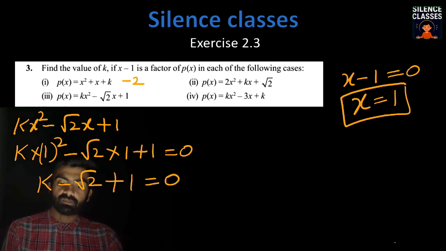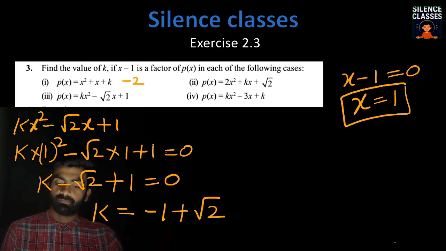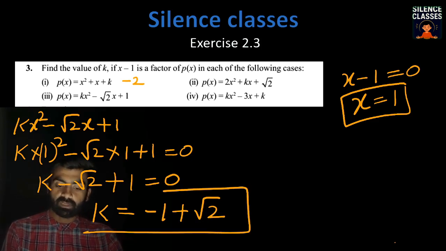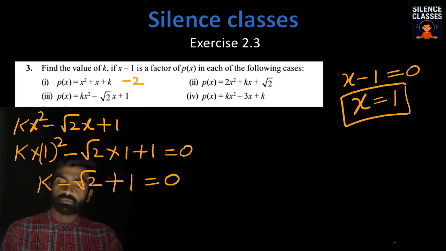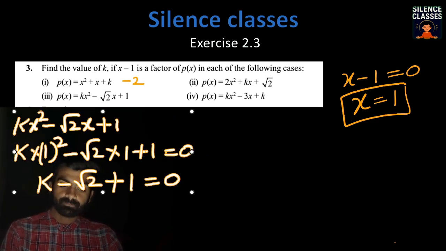So we will send everything to the right hand side. So we will get k is equals to minus 1 plus root 2. Okay, so this is the answer. We got the value of k, that is minus 1 plus root 2. Now let's move to the last question.